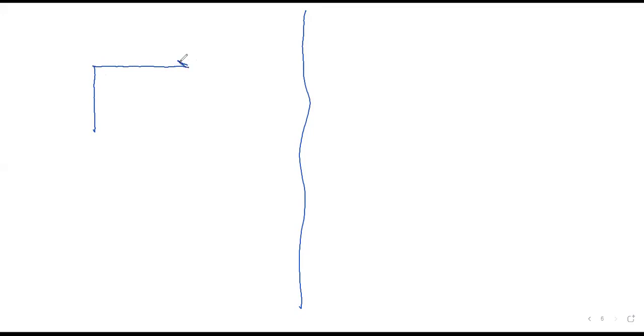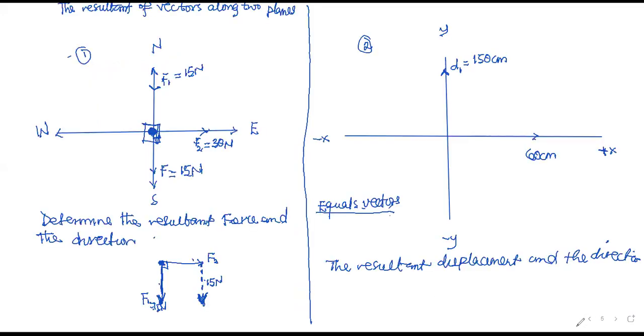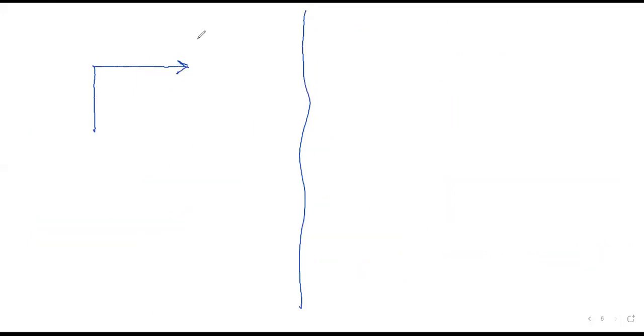The magnitude of F2 is 30 Newton, and F1 is 15 Newton. Looking at the directions of F1 and F2, they are perpendicular to one another.